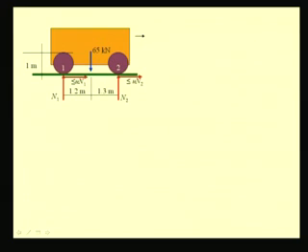The frictional force that can exist, at the maximum, is mu times N1. This is the maximum value of frictional force that can exist at this point, and in the same way the maximum value of the frictional force that can exist between the wheel in the front and the track is limited by mu times N2.